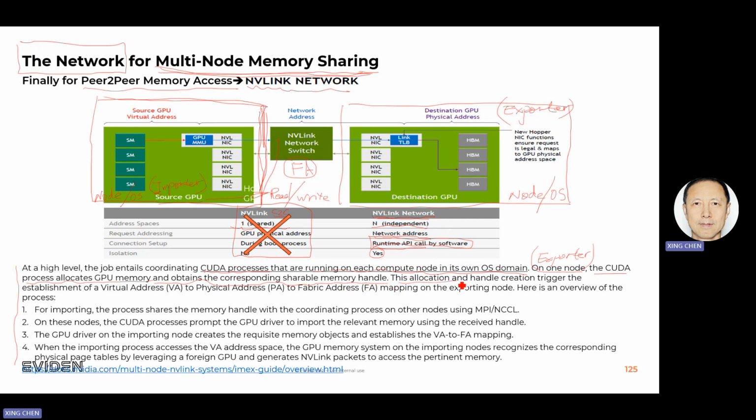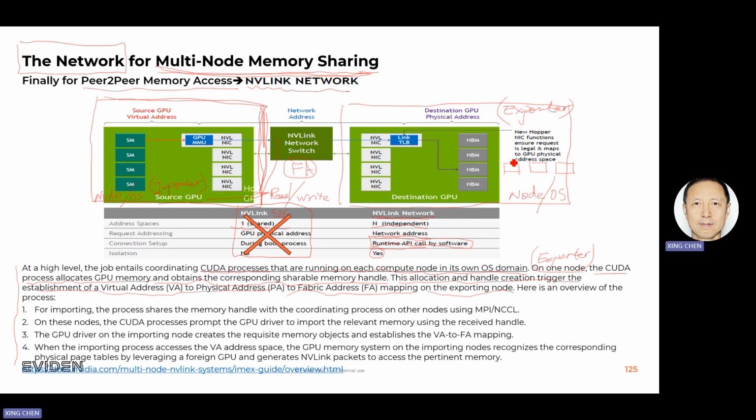This allocation and handle creation trigger the establishment of the virtual address to physical address to fabric address mapping on the exporting node.